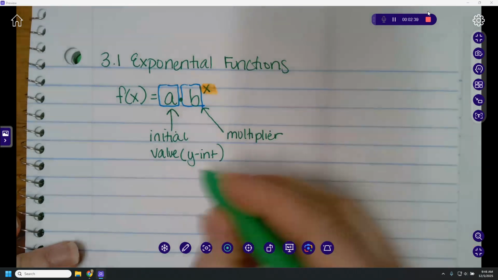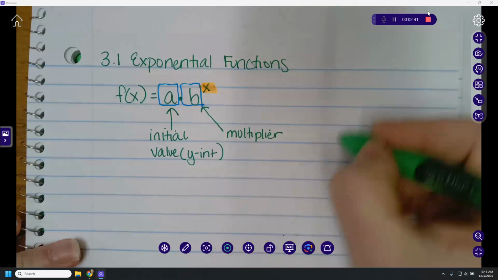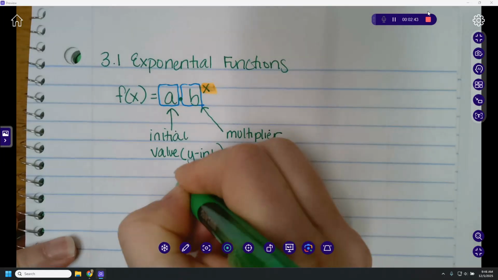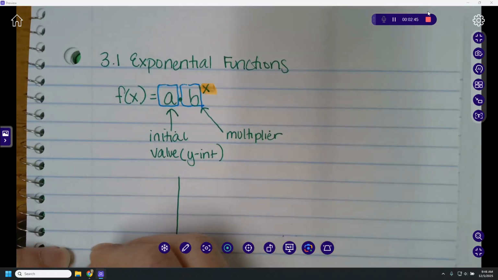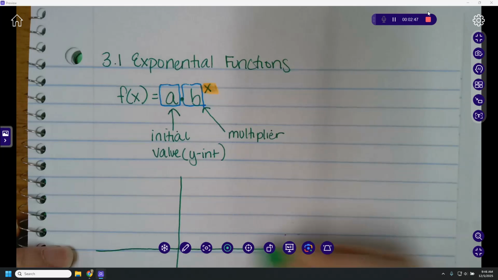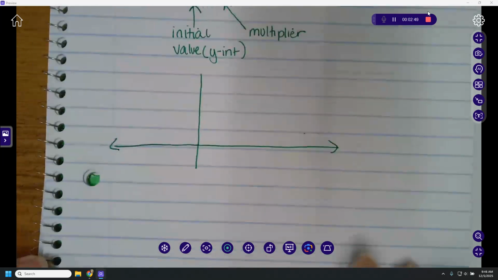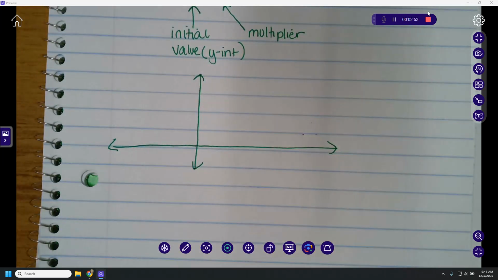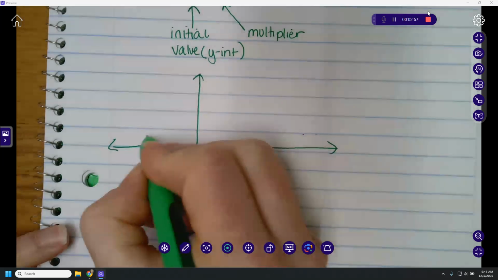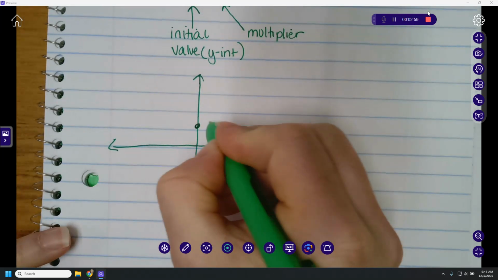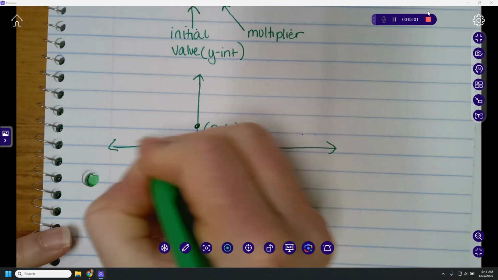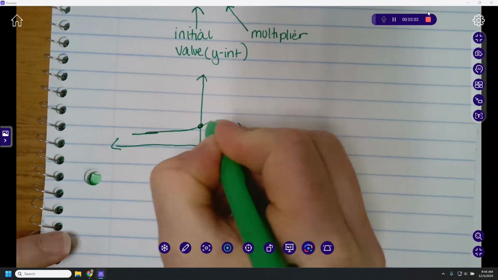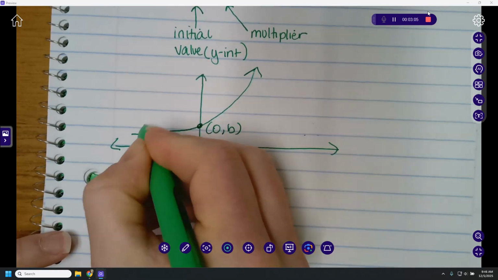Exponential functions, then, we kind of have two main types that we refer to as growth or decay. Just give me a thumbs up if you remember growth and decay. So a growth curve is going to cross at (0, b), and it's going to then increase pretty steeply.